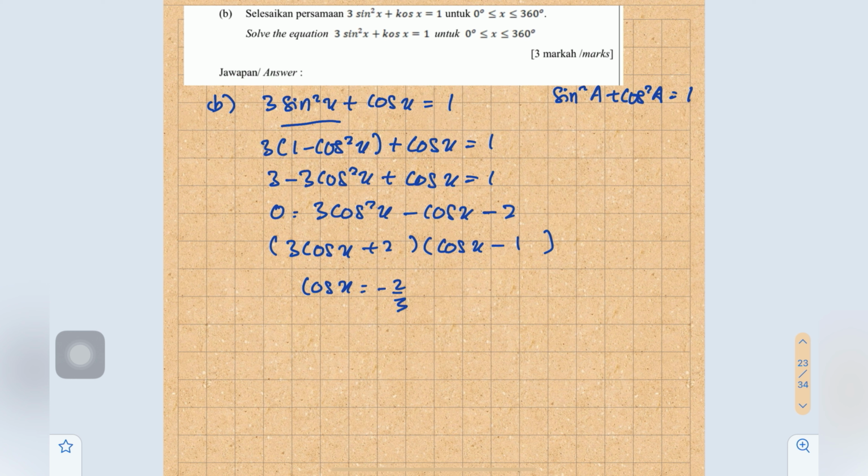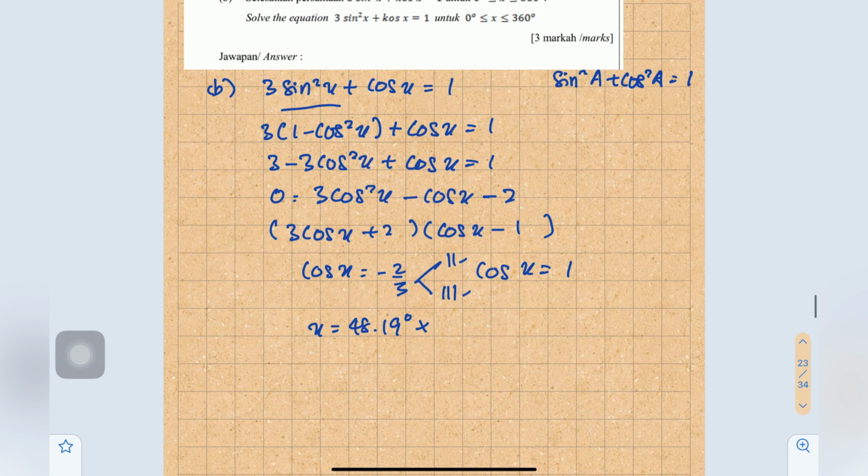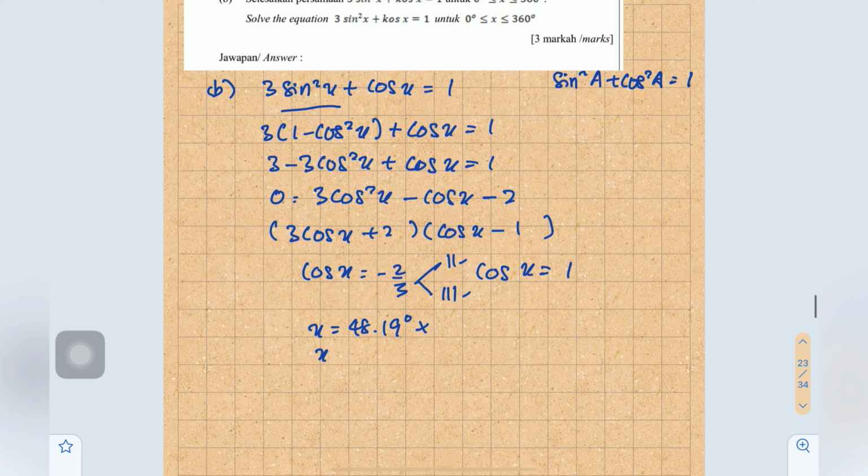Okay, so cos negative in quadrant 2 and quadrant 3. Okay, so the basic angle, kita tekan calculator, is 48.19 degree. Tapi ni quadrant 1 kan, just now kita identify dia in quadrant 2 and quadrant 3. Okay, so kita carilah equivalent angle in quadrant 2, 180 minus 48.19.